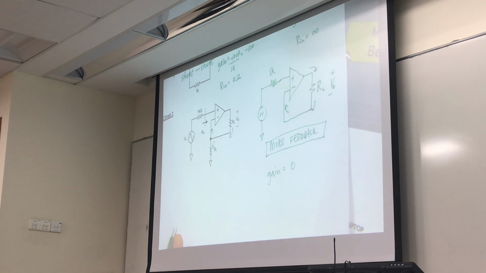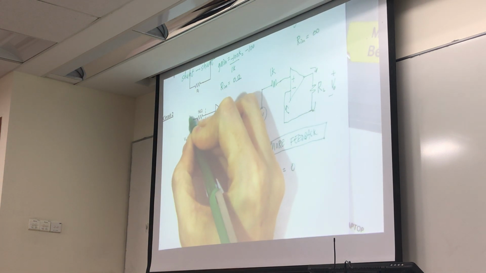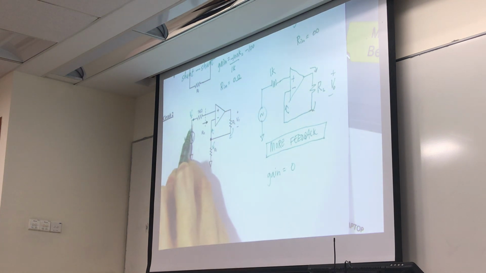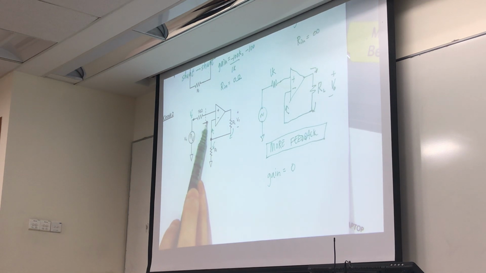Let's find the gain for the circuit on the left. Now in this case, we've got the signal voltage on this side of the resistor, and again, let's assume that the op-amp is ideal. If it's ideal, then there isn't any current that passes through that 1 kilo ohm resistor because it's an ideal op-amp.